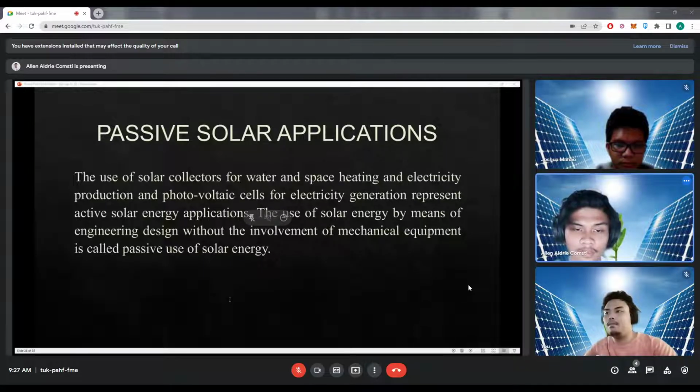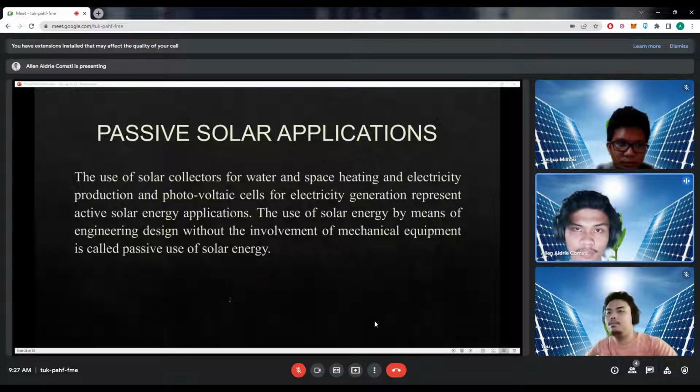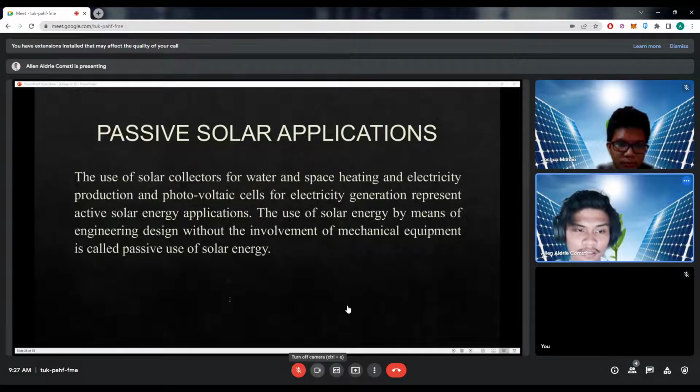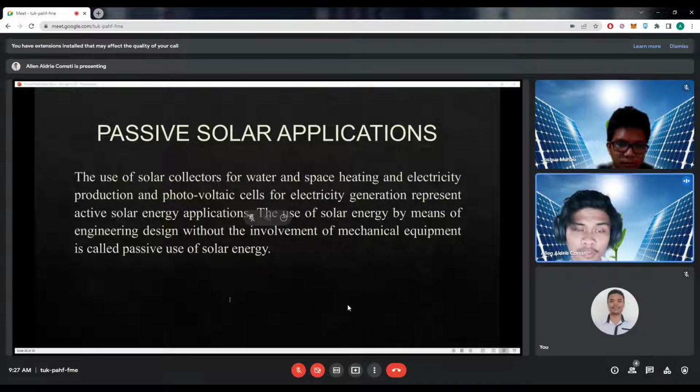Of course, particular preferences in design and construction of buildings will be different in winter-dominated and summer-dominated climates. The solar heating of swimming pools, food drying, and solar cookers are some other examples of passive solar applications.